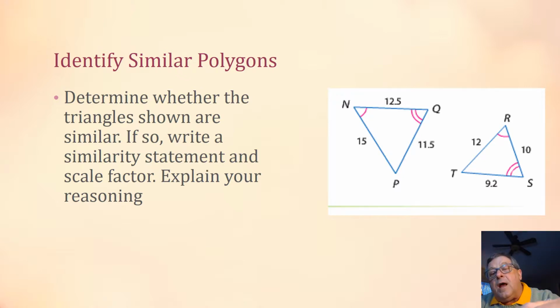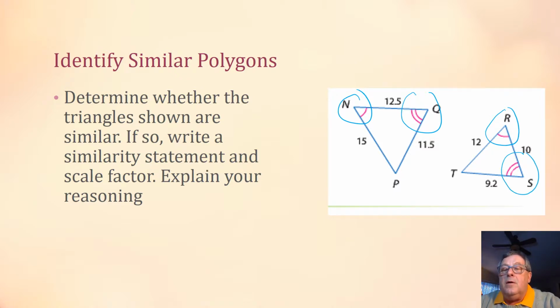Well, I see that angle N is congruent to angle R, and angle Q is congruent to angle S. And then I can reason by deduction that angle P is going to be congruent to angle T because of the third angle sum theorem.